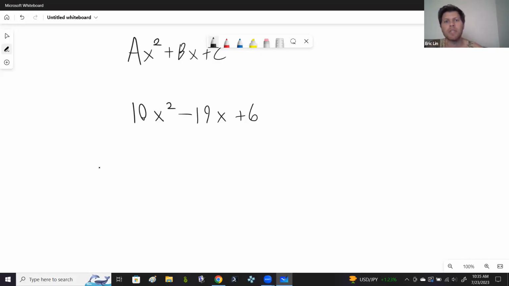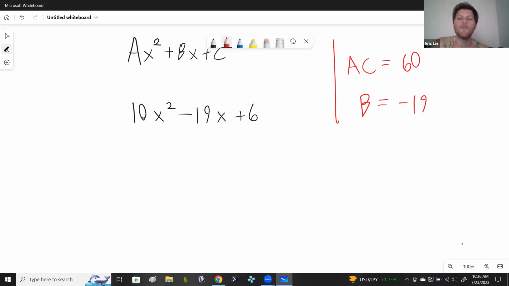So here is what we are going to do first. Little sidebar. We're going to take our a term and multiply it by our c, so just the coefficients. And here that gives us 60. And then we're also going to look at just our b term, which is negative 19. I want to find 2 numbers that multiply to be 60 while also adding to be negative 19. 60 is positive.